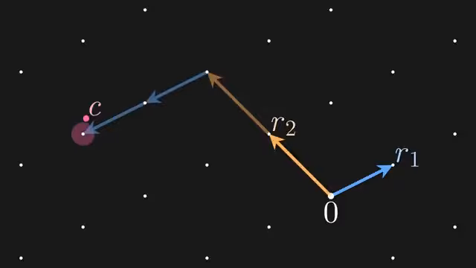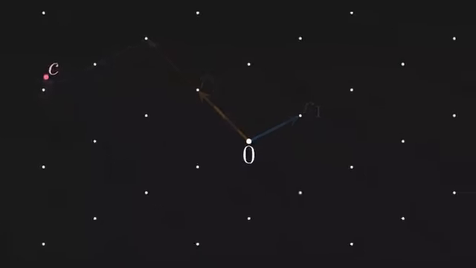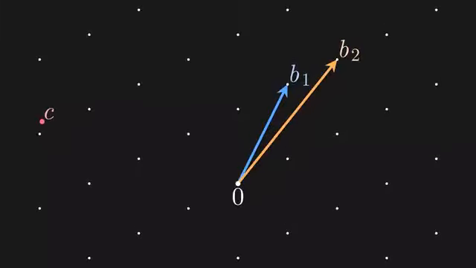Simple enough. But those vectors r1 and r2 are not the only vectors that can give you this lattice. Take b1 and b2, for example. These vectors also build up the same lattice. And now, if I ask you the same question again, can you tell me the combination of b1 and b2 that gets you to the lattice point closest to C? This has become a lot harder. But why is that?